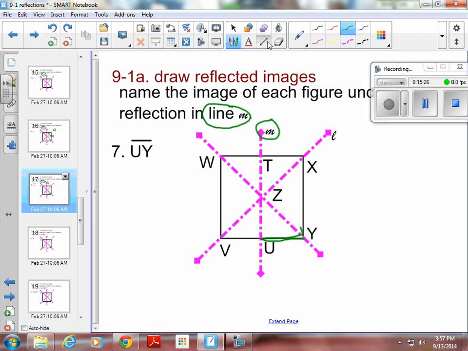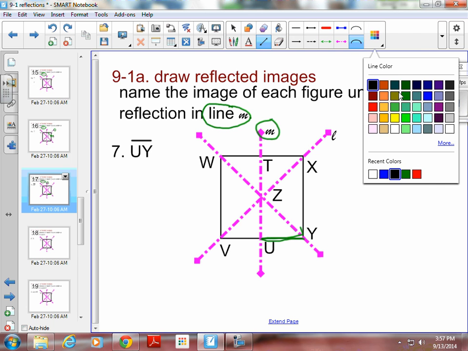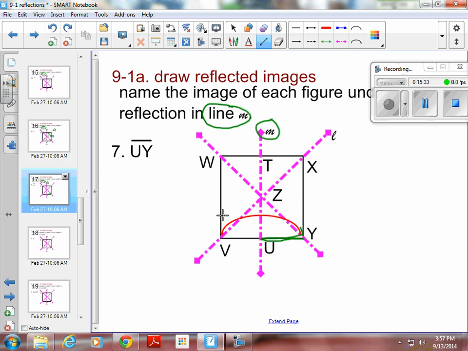So U to Y, if I reflect the point, U stays U, and Y ends up being over here at V. So U is on line M, so I put a U, and Y changed to V, so I put a V. And that's a segment, UV. So UY, this one over here, flips over and is on this side, UV.